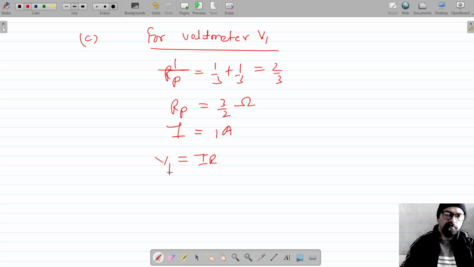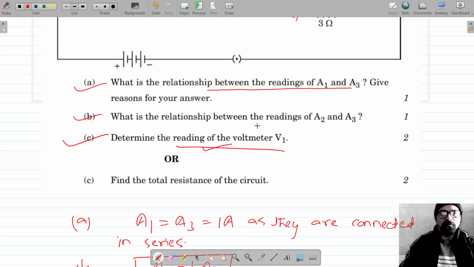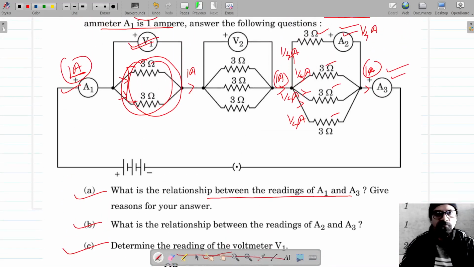So the reading of the voltmeter V1 is equal to I, which is 1 ampere, times the resistance, 3 by 2, that is equal to 1.5. The reading of voltmeter V1 will be 1.5 volt, which is connected in parallel across these two identical resistors, 3 ohm and 3 ohm.